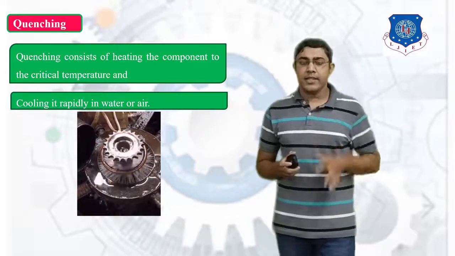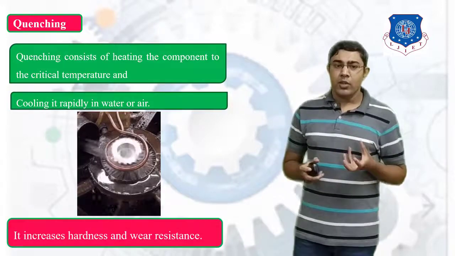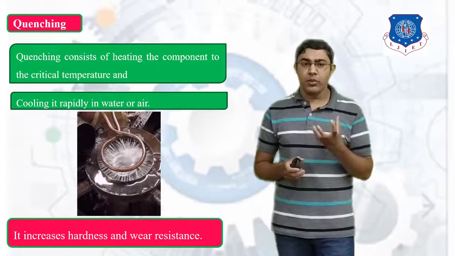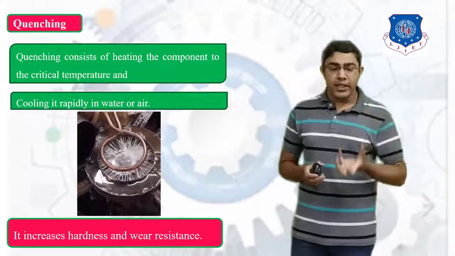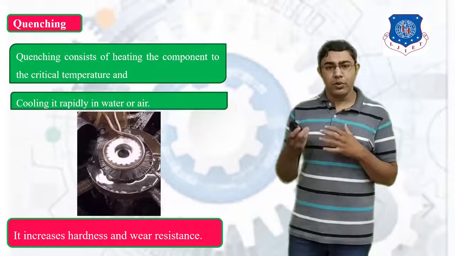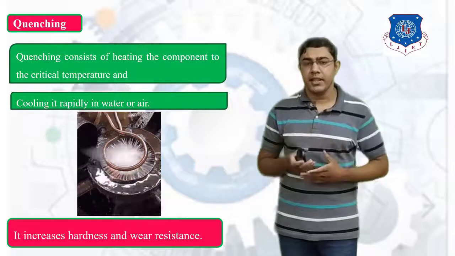That process is nothing but the quenching heat treatment process. So why do we use the quenching heat treatment process? It increases the hardness and wear resistance. So we have to use the quenching process to increase the hardness and wear resistance.